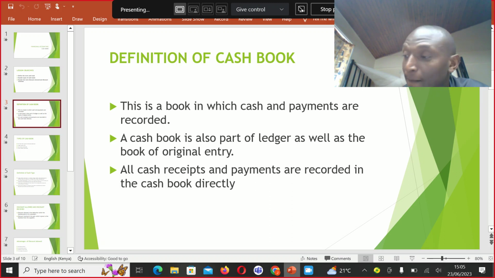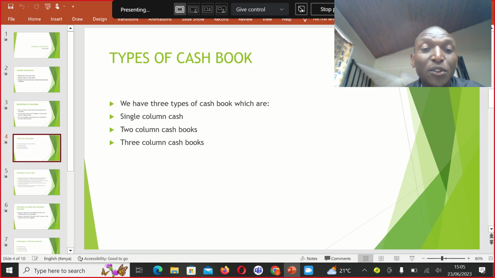We have a single column cash book, a two column cash book, and a three column cash book. That is very good. So we have three types of cash books: the single column cash book, the two column cash book, and the three column cash book.